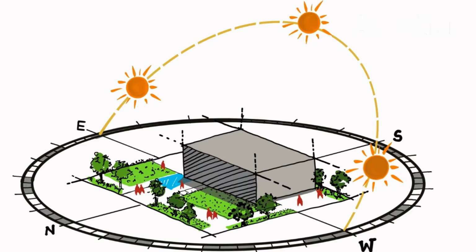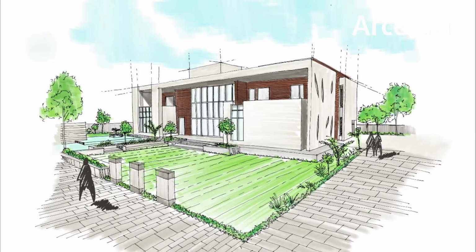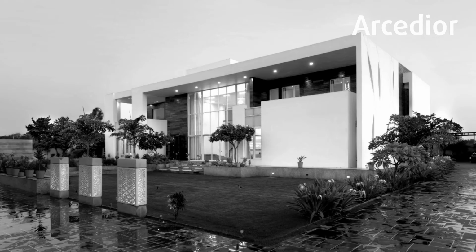Then the aesthetics. Then it could be climate responsive. It could have local use of material. It could have use of local architecture. It could have use of local art. So there are n number of criteria while evolving the design, and you cannot say this is important or that is important. They go into a project layer by layer.